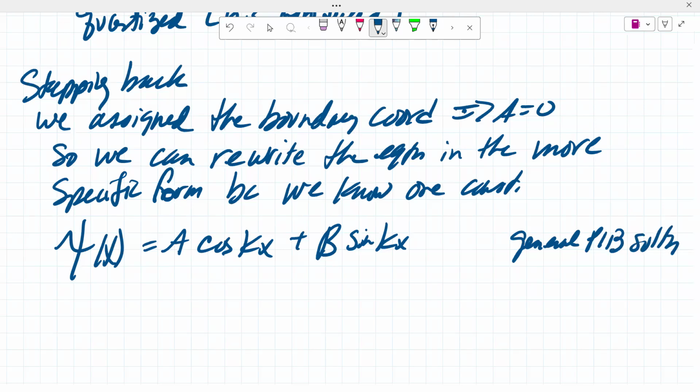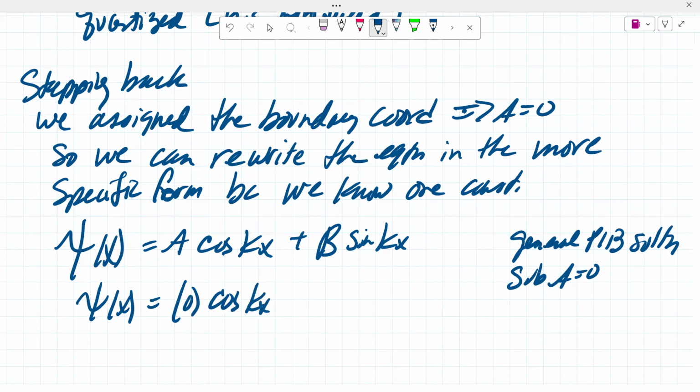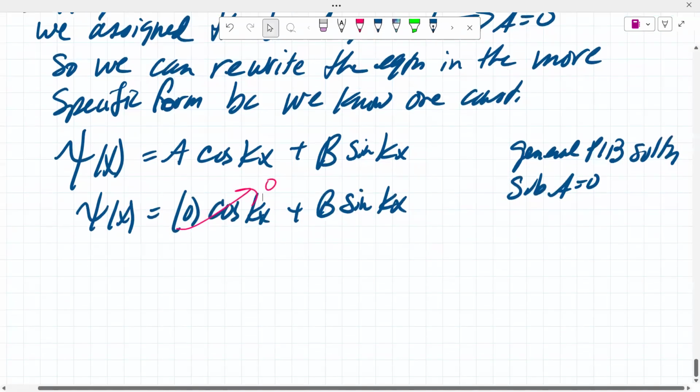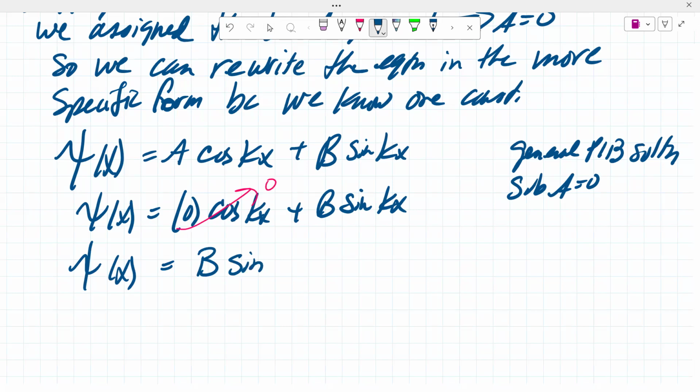But what we haven't done is apply the boundary. So now we can do psi of x equals 0 cosine kx plus b sine kx. All right, but when we sub in 0, of course, this term goes away. Great. So now what happens? So psi of x equals b sine kx.